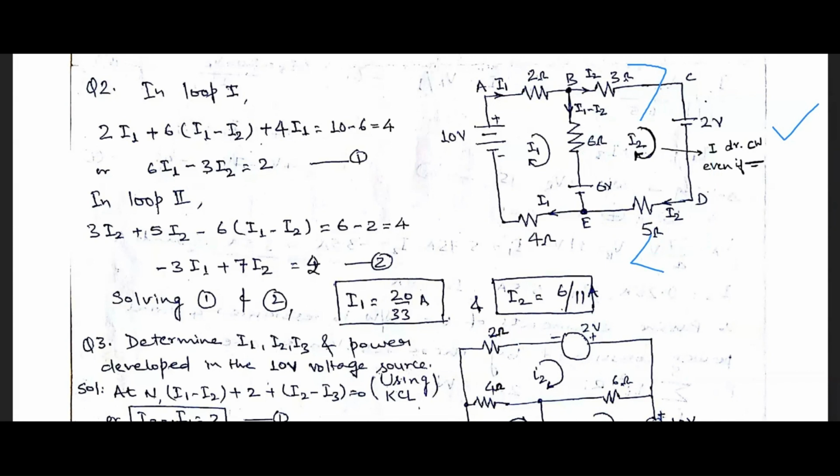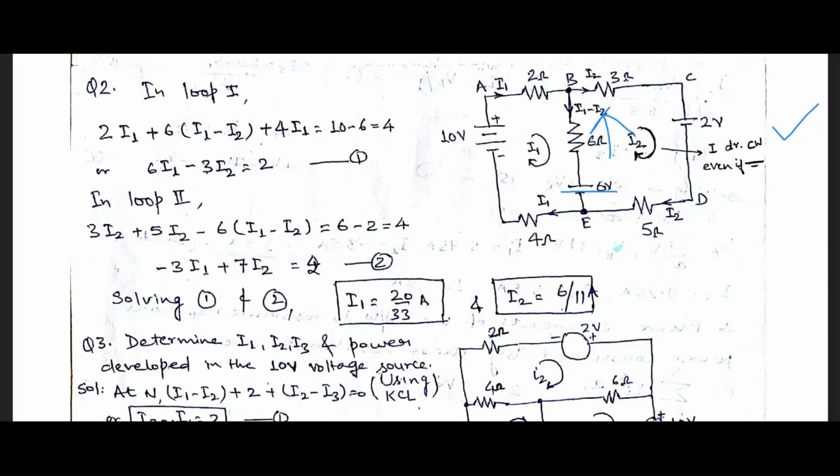Again, if we focus on the polarity of the batteries, the 6 volt battery has the bigger magnitude and current is flowing from its positive terminal in the upward direction, and the polarity of this 2 volt battery is not the same as the 6 volt battery.